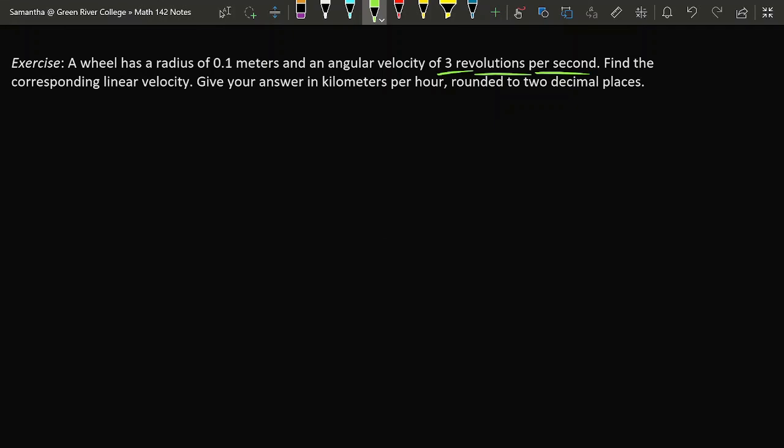So if I wanted the true value of omega, for the sake of that previous formula, I would have to take 3 revolutions per second, and I would have to do unit analysis to change that 1 revolution to something in terms of radians.